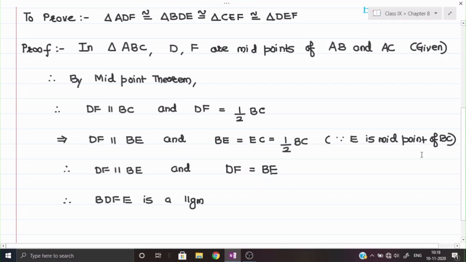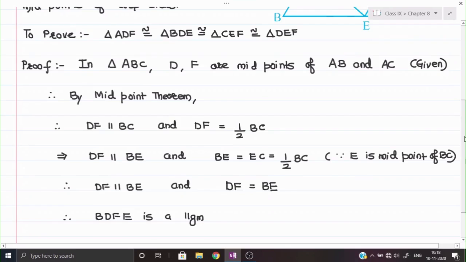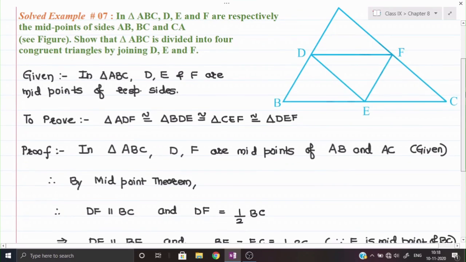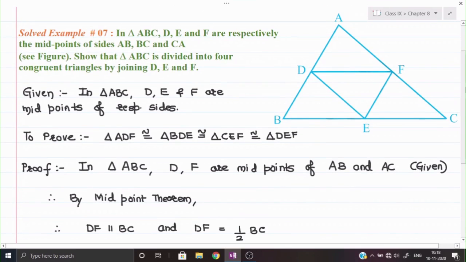Because one theorem is there, in a parallelogram the diagonal divides it into two congruent triangles. See, BDFE is a parallelogram, and you observe in the figure DE is a diagonal. So DE will divide the parallelogram into two congruent triangles. This theorem we have proved earlier also.